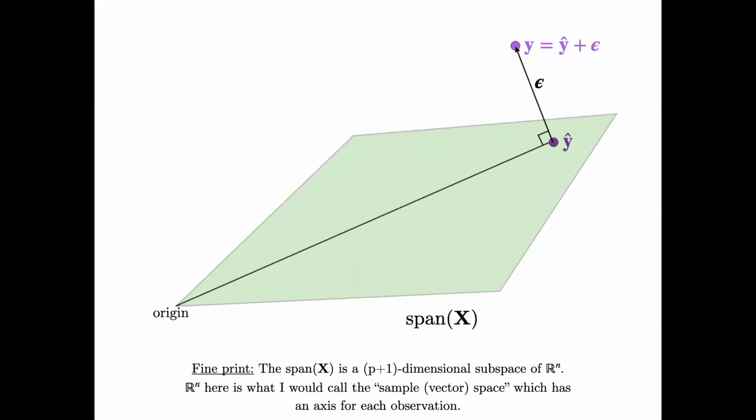Every column of X lives in R^n because it has n elements, one for each observation. So R^n, in this case, the ambient space that the span of X lives in, is what I would call the sample space, or the sample vector space, which has an axis for each observation.